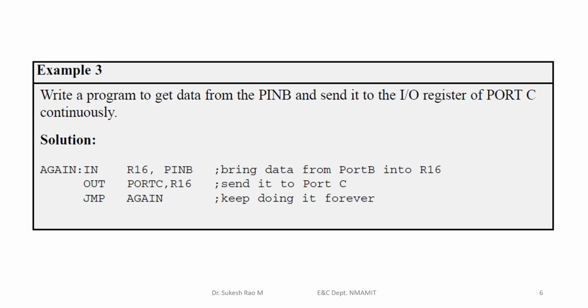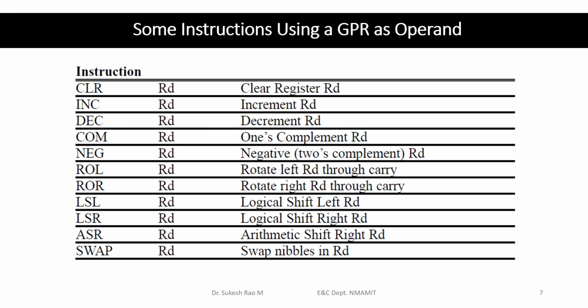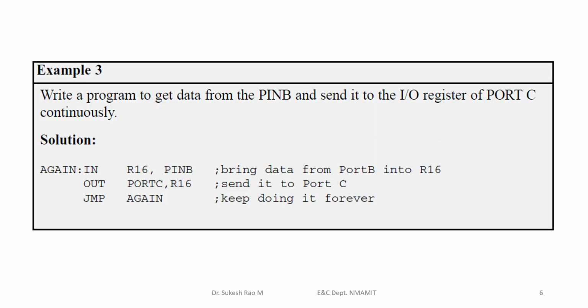Here they want to read from port B, that is PIN B, and send the value to port C. So obviously here PIN B is the input and port C is the output.